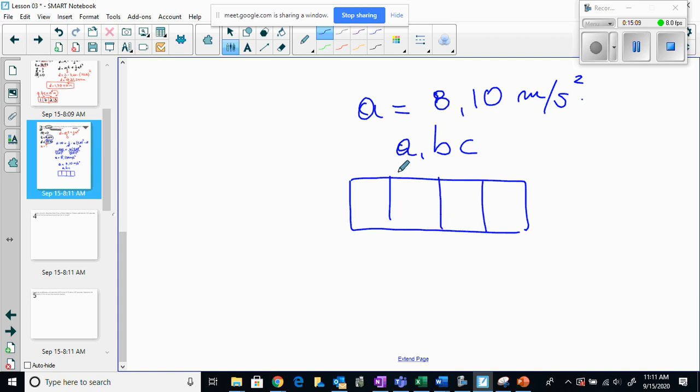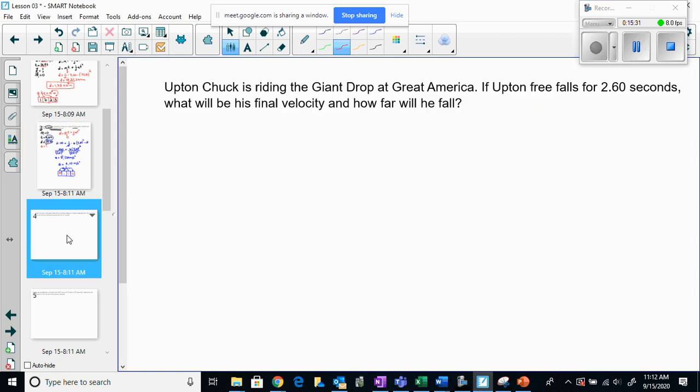Then you go A in this column, the decimal point in this column, B in this one, and C in this one. So the correct answer will be 8.10. Okay, so let's see this now.